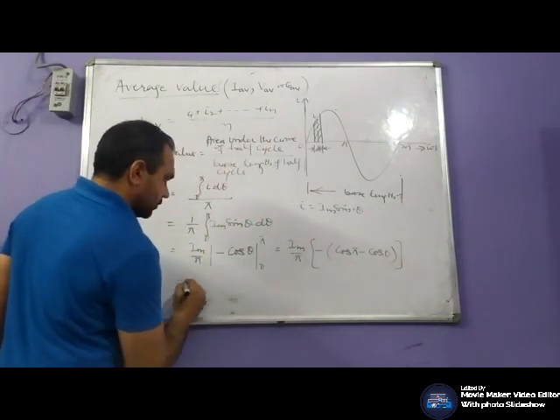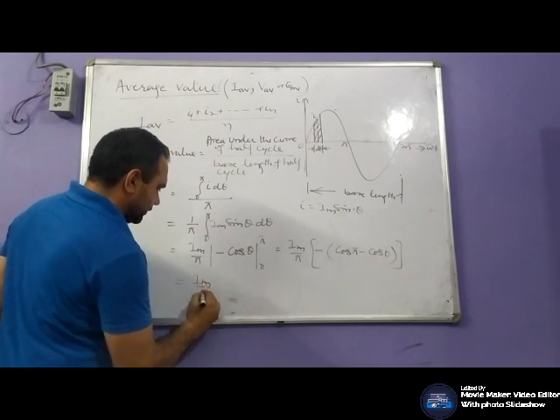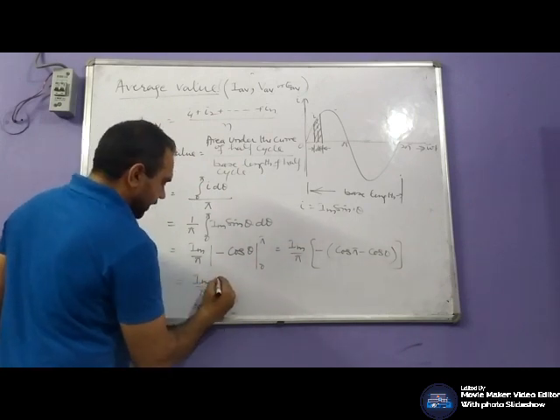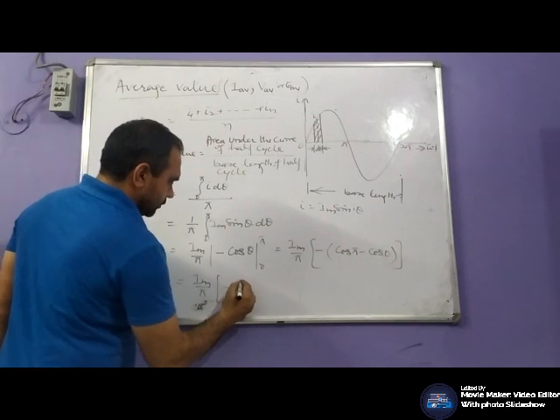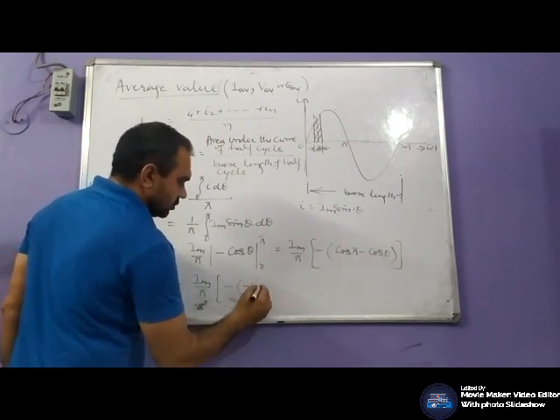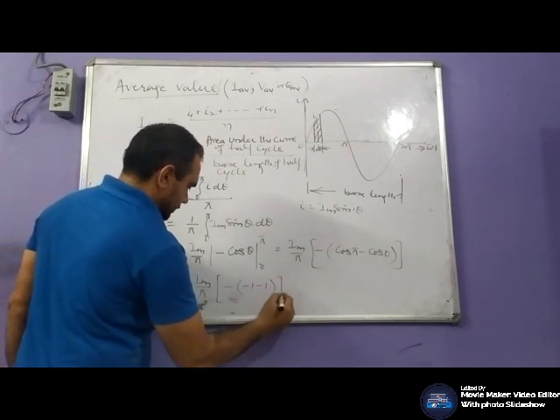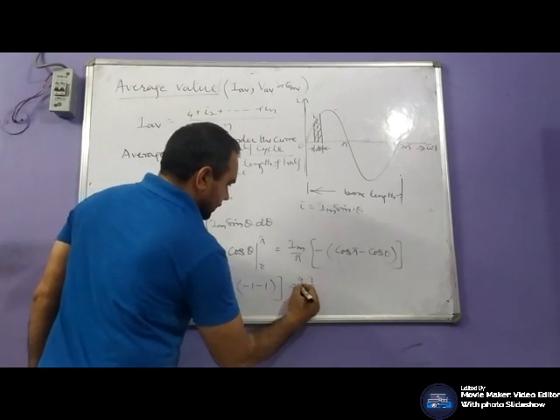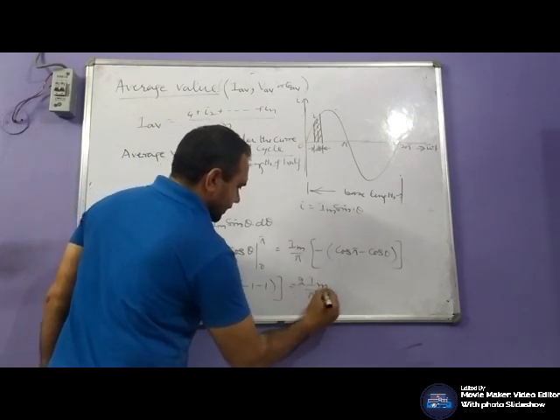What is cos of pi? Minus 1, cos of 0 is 1. So this would be 2 Im by pi.